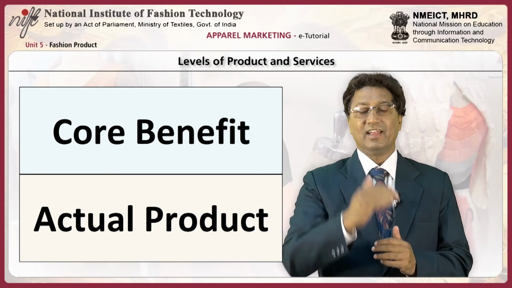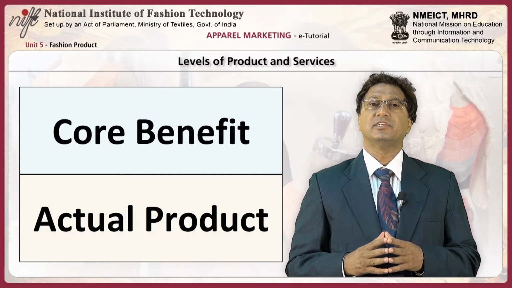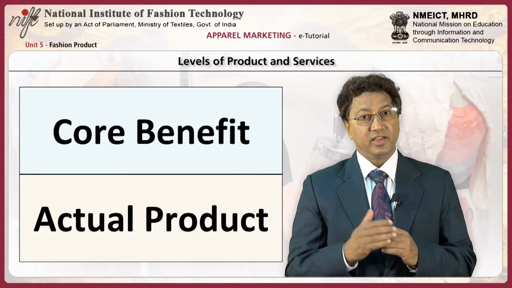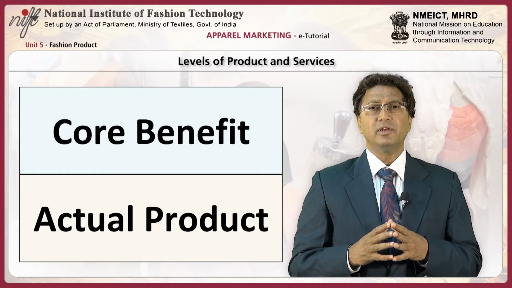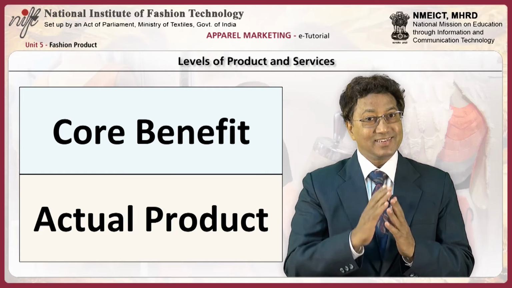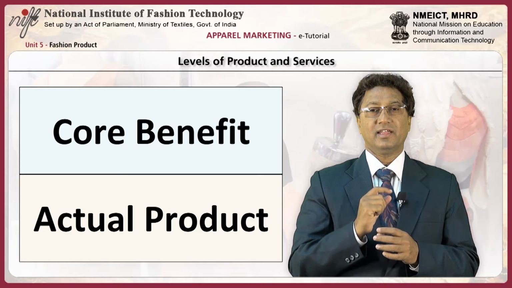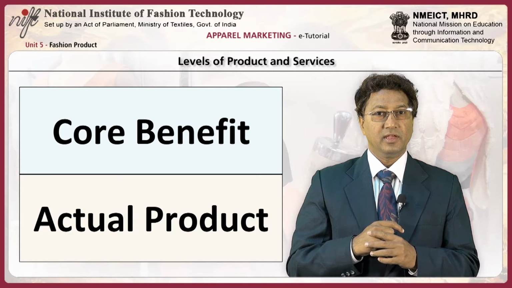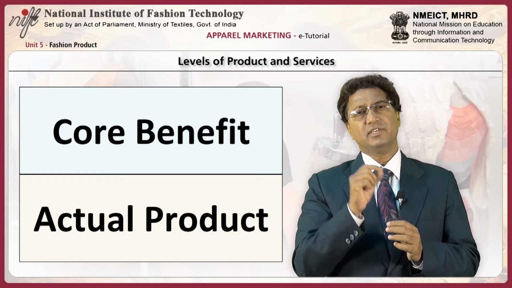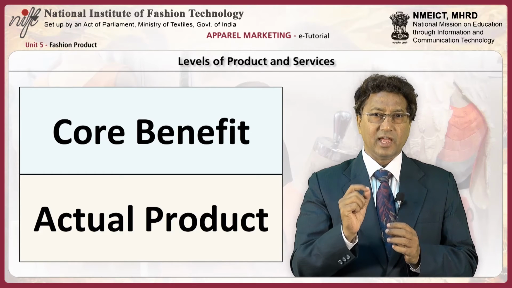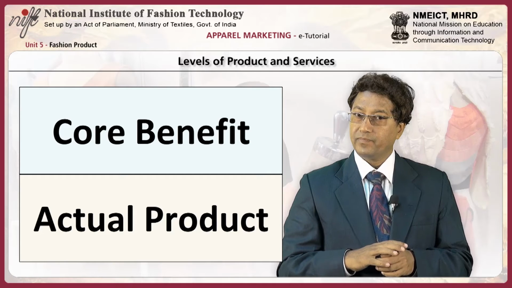Now let us go to the second level. At the second level, product planners must turn the core benefit into an actual product. Thus a diamond includes quality of cut, color, clarity and carat weight. They need to develop product and service features, design, quality level and a brand name.